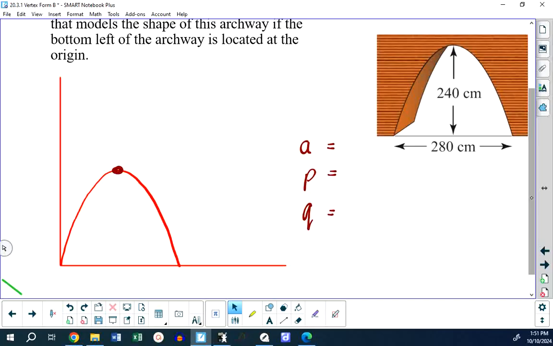If this is 280 centimeters in total, then that vertex will be at the halfway point because parabolas are symmetrical. It's the same shape on the left as the right. Well, half of 280 is 140.